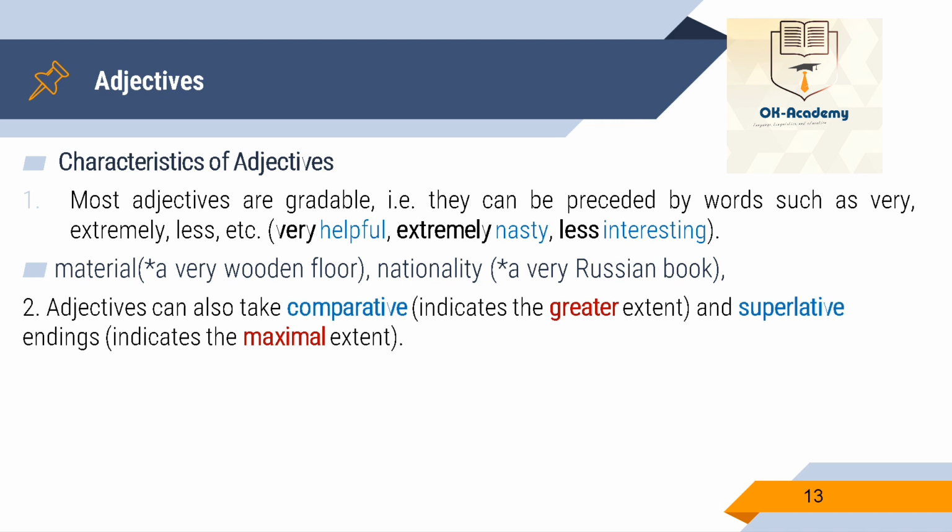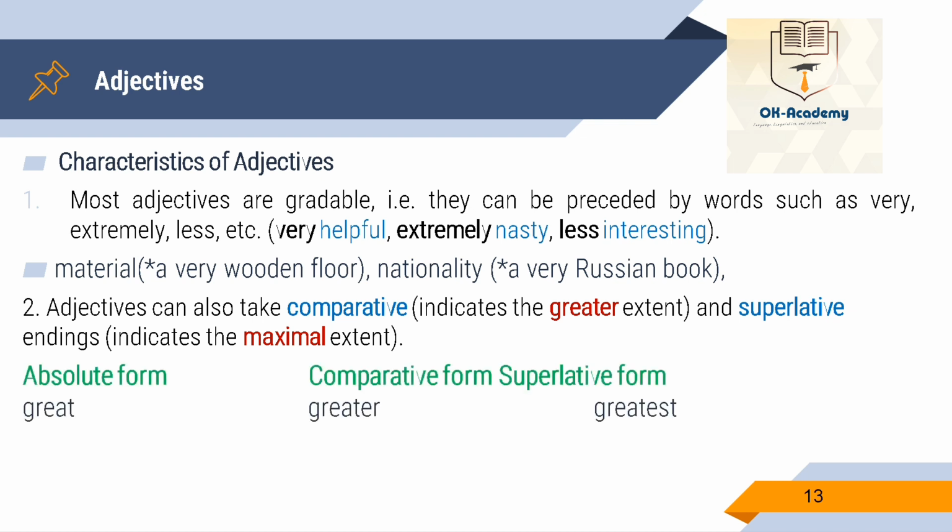Another characteristic that sets adjectives apart from other word classes is that adjectives can take comparative and superlative endings. Like you cannot say Sarah, Sarah-er, or Sarah-est. It's not possible, right? But for adjectives, you can do it.